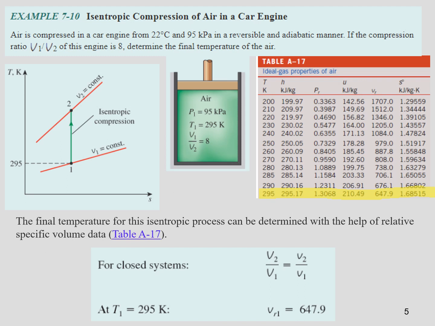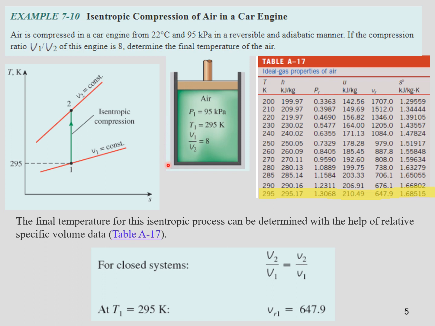To get us started, let's look at example 7-10, isentropic compression of air in a car engine. Suppose air is compressed in a car engine from 22 degrees C at 95 kilopascals in a reversible adiabatic manner. If the compression ratio, V1 over V2, these are big V's, so this is the volume ratio, is 8 for this engine, determine the final temperature of the air.